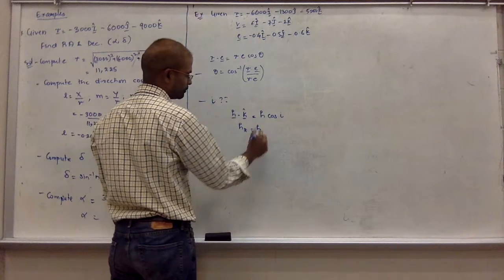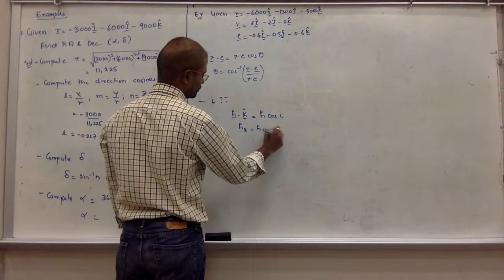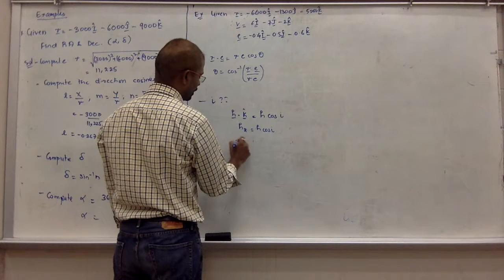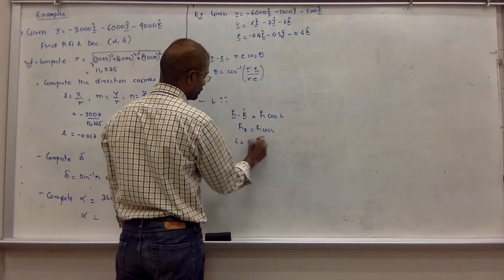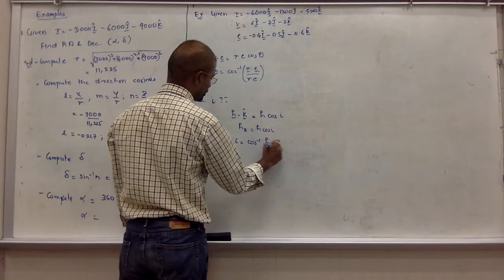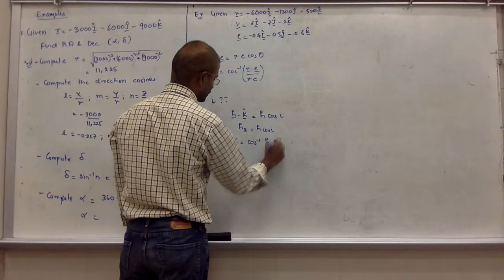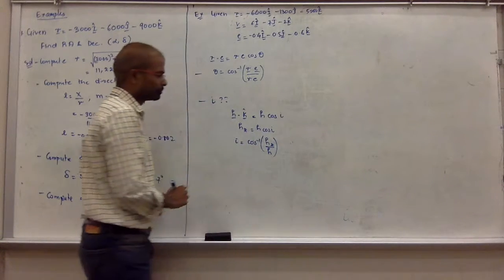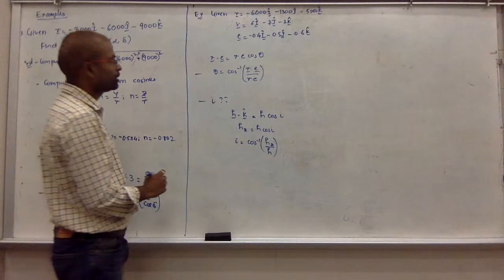You agree? So your inclination would simply be cosine inverse of h z. Okay. What is h z?